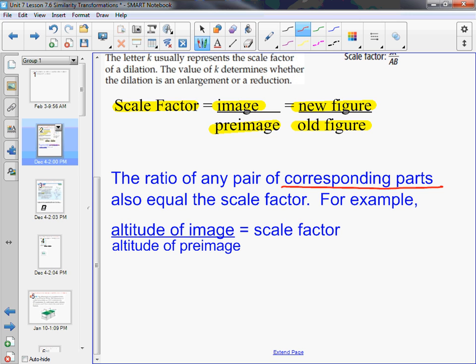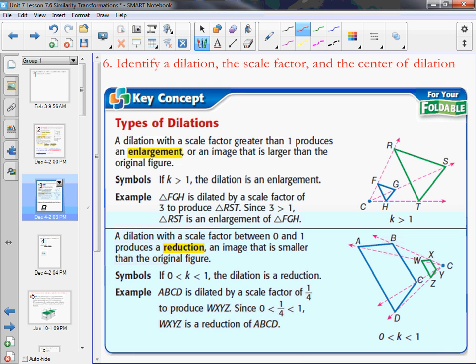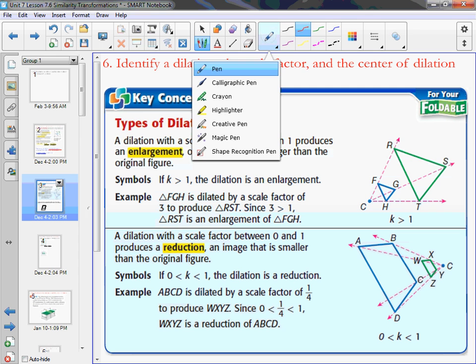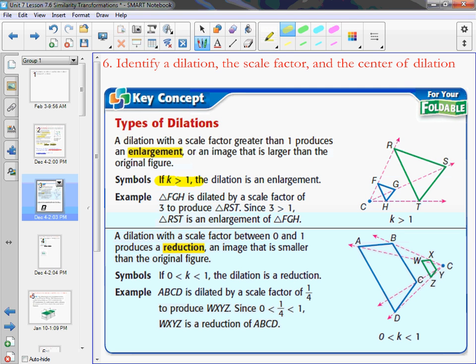Okay? All right. Now, the enlargement and the reduction. The easiest way to tell which you have is by looking at the figures. If the new figure is bigger than the old, it's an enlargement. New figure smaller, it's a reduction. But you can also tell from the scale factor. If the scale factor is greater than 1, it's an enlargement.